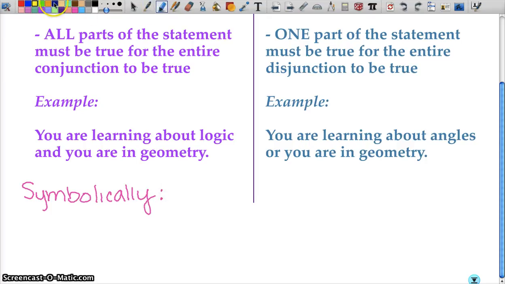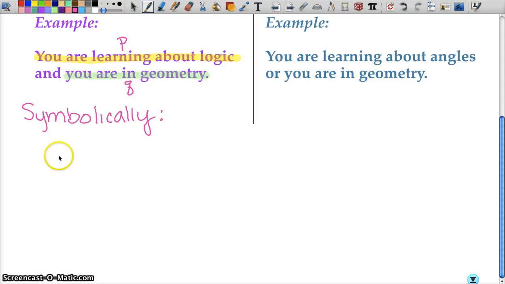I'm going to assign the statement you are learning about logic as the letter P. And then the statement you are in geometry, I'm going to represent as the letter Q. And this is just because those are most commonly used. It doesn't have any real meaning behind it. But if I wanted to represent this statement symbolically, what we have here is P, the word and is represented by the caret symbol, and then Q. And so that's a conjunction.